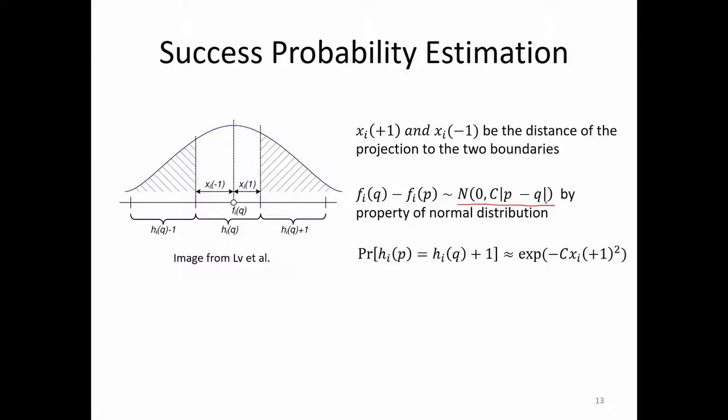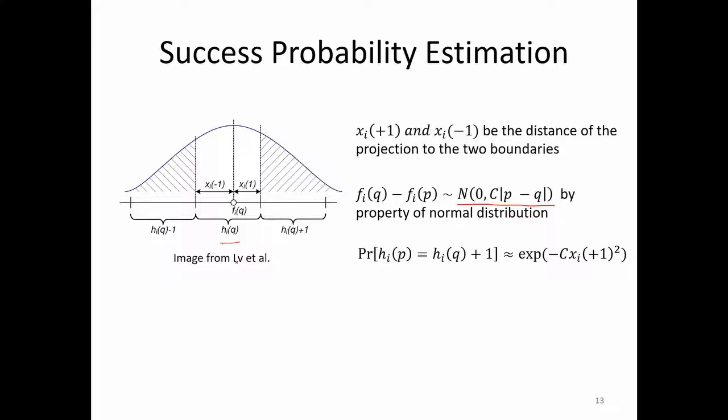So this is true. If we believe that this is true, then it is very easy to calculate the chance. Let's say you have the query q, and you have h(q), which is the bucket of the query q.